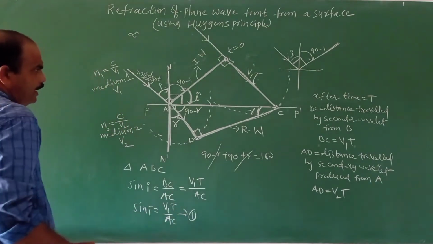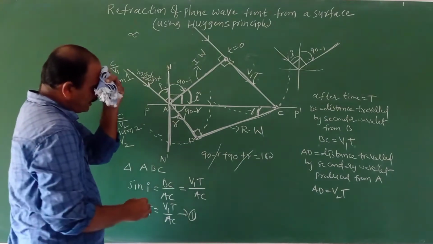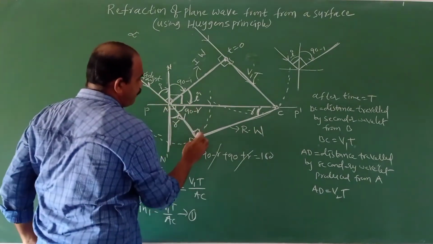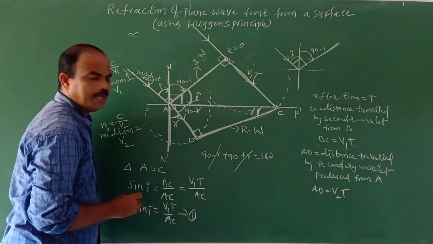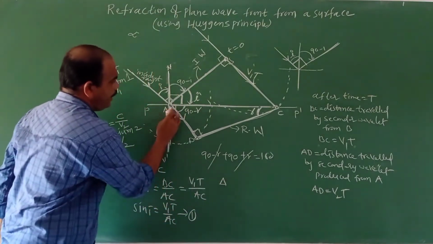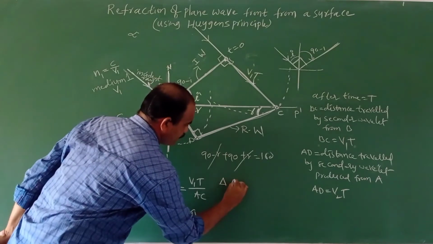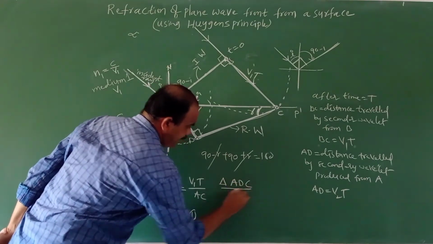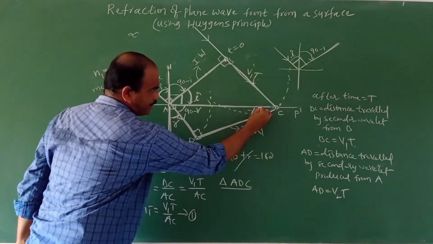Now coming to the second triangle, which is ADC. In ADC, again I am taking sine r. This is also a right angle triangle. For this r, the opposite side is AD and the hypotenuse is AC.